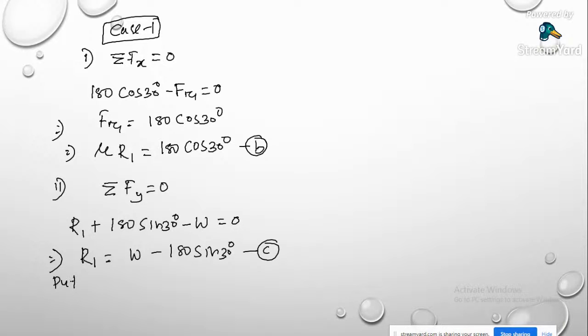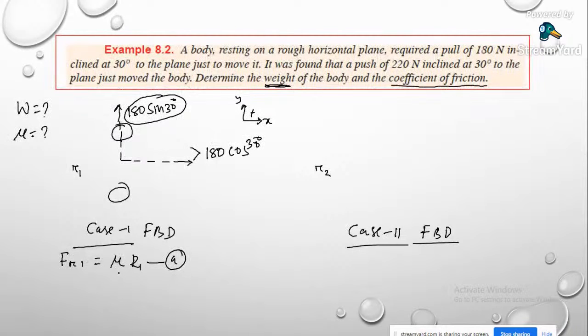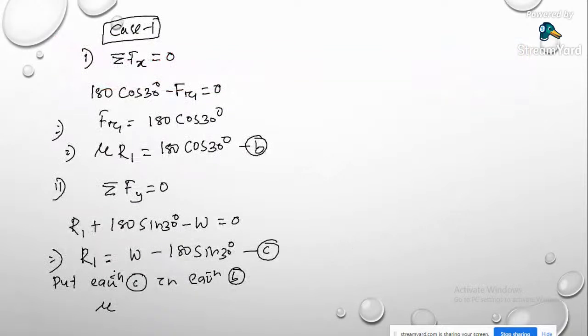Now you put this equation C in equation B. So how much is this? Mu we need to find. This is static, so the coefficient of friction will not change.